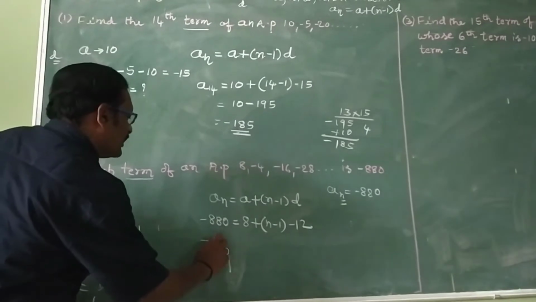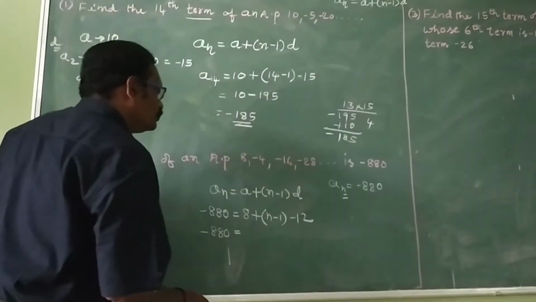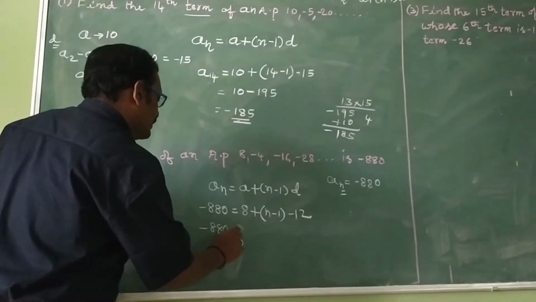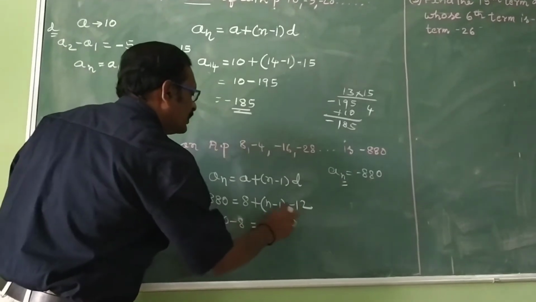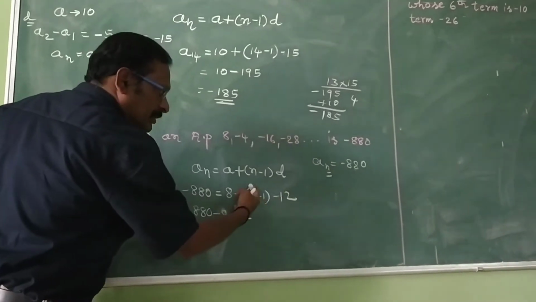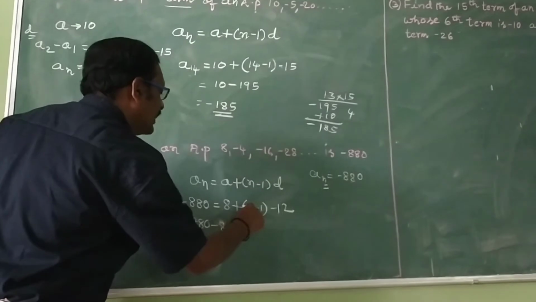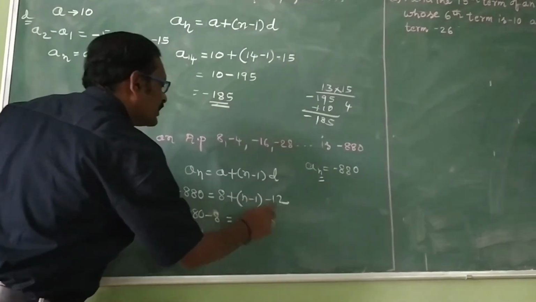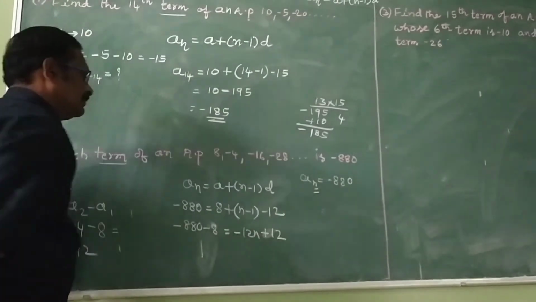Minus 880. Now, you take this plus 8 to this side, minus 8. Now, what remains? Plus into minus, minus 12. The bracket means you have to multiply the terms inside: 12 into n, 12n, minus, minus into minus, plus 12 ones are 12.